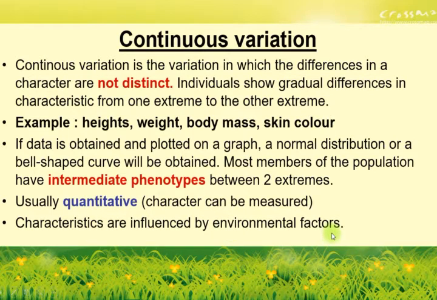That is continuous variation, the variation in which the differences in the character are not distinct or not clearly observed or not obvious. So you have to remember the examples of continuous variation, which are height, weight, and body mass, which can be measured.